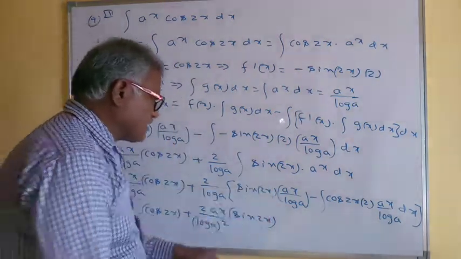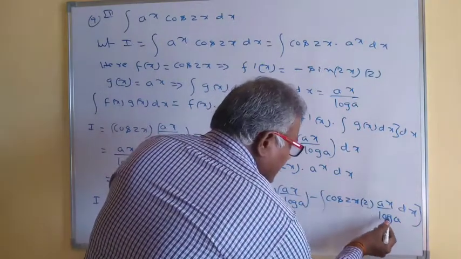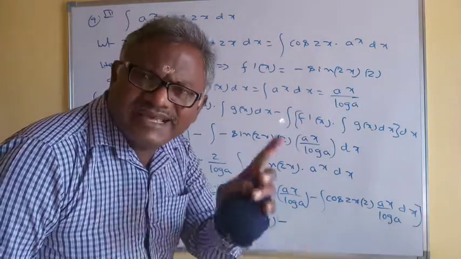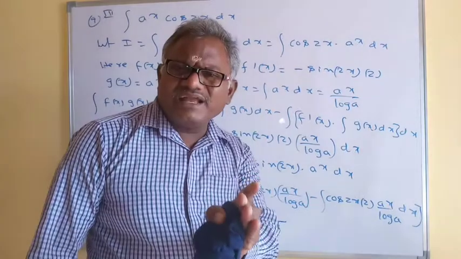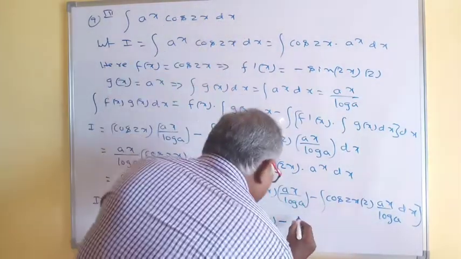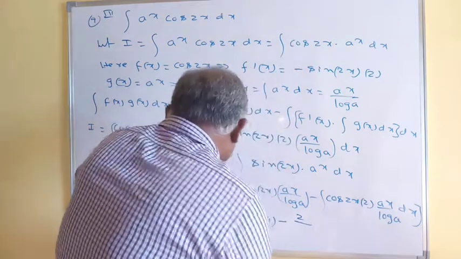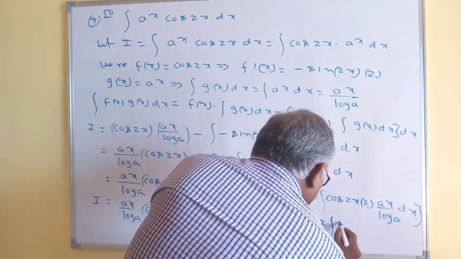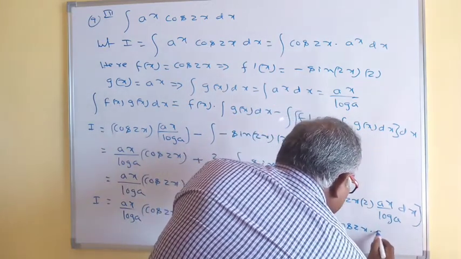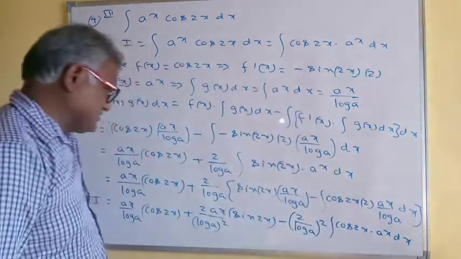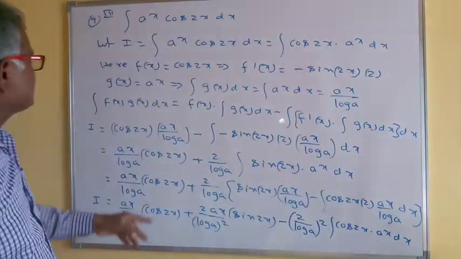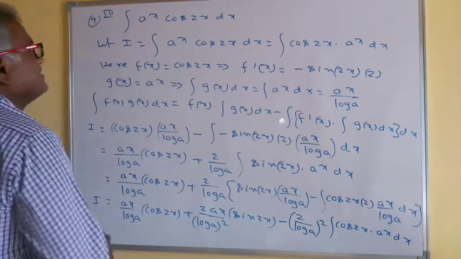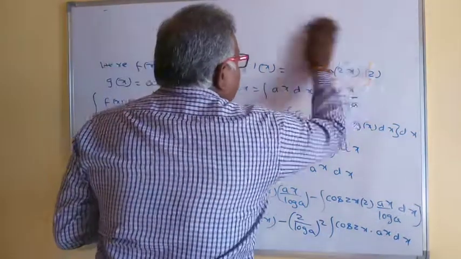Here you see plus into minus is minus, and 2 by log a into 2 by log a gives 2 by log a whole square. That means 2 by log a whole square into the integral of cos 2x into a power x dx. So what is this value? Cos 2x into a power x, this is nothing but I. So I have to write that down here.